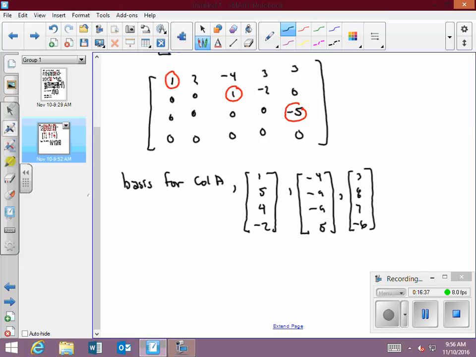And then the dimension of column A equals 3, because its basis has 3 vectors. So you can see that you're going to have 2 free variables. So the dimension of null A is going to be 2.